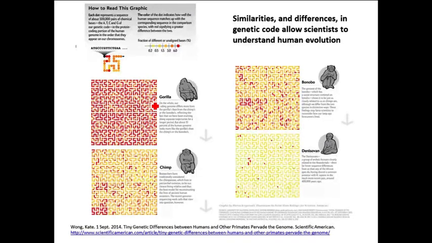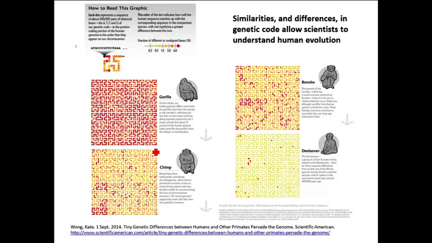This is a cool graphic, but it has a bunch of information on it, so let me just orient you to it a little bit. Each dot on these graphics represents 500,000 pairs of chemical bases that are being compared in the DNA. And then the color indicates how closely they share a match with humans.